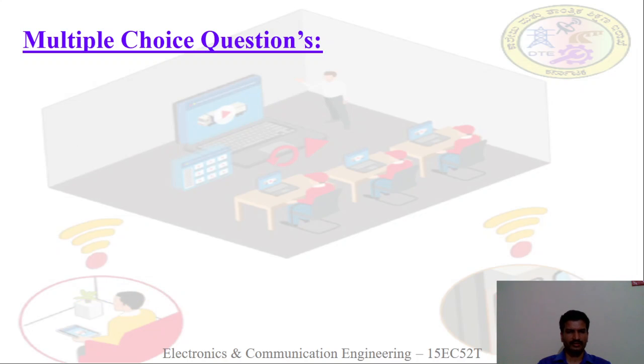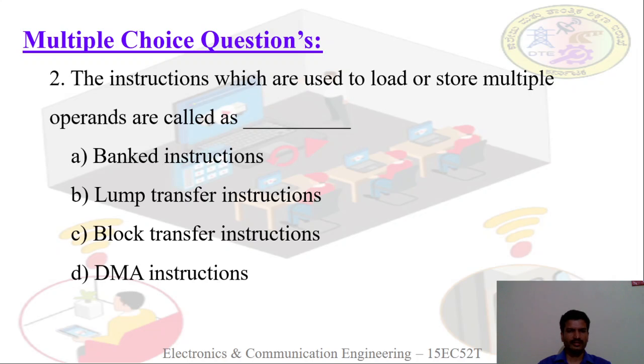Next question: the instructions which are used to load or store multiple operands are called dash. A, banked instructions; B, lump transfer instruction; C, block transfer instruction; D, DMA instruction.